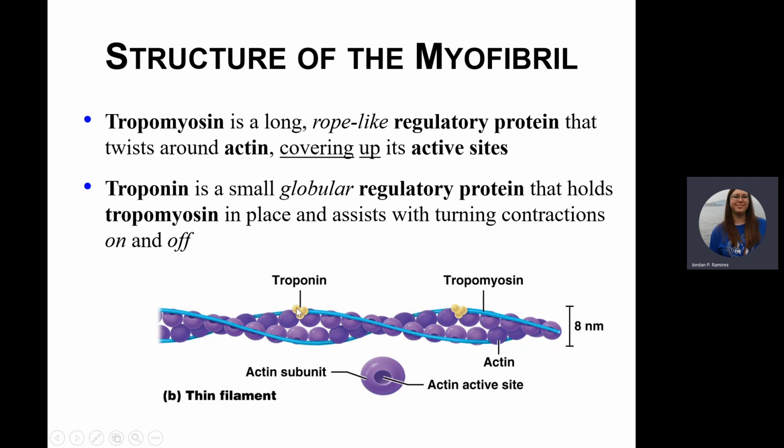It's a small globular regulatory protein that holds tropomyosin in place, and when calcium is bound to troponin, it assists with turning contractions on and off. If troponin and calcium bind, there is a conformational change, and tropomyosin shifts, and these active sites are open. Therefore, they're able to bind with myosin and elicit those contractions.